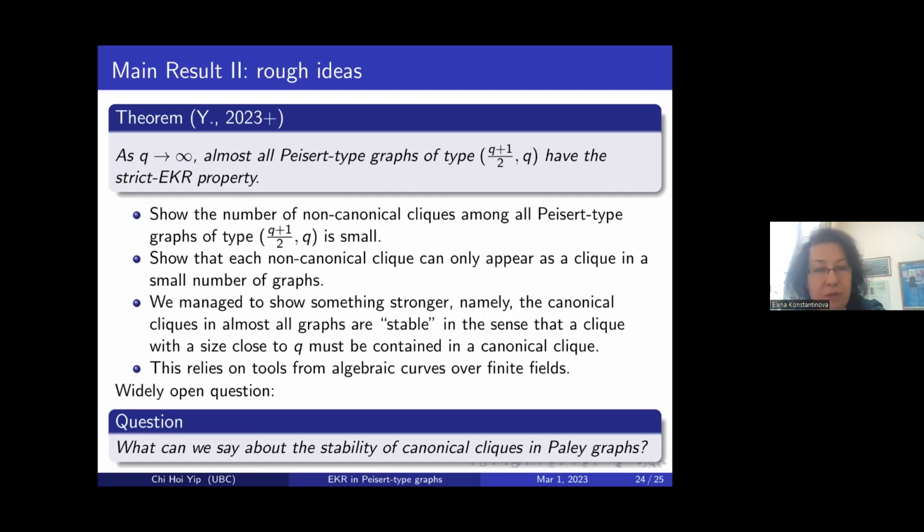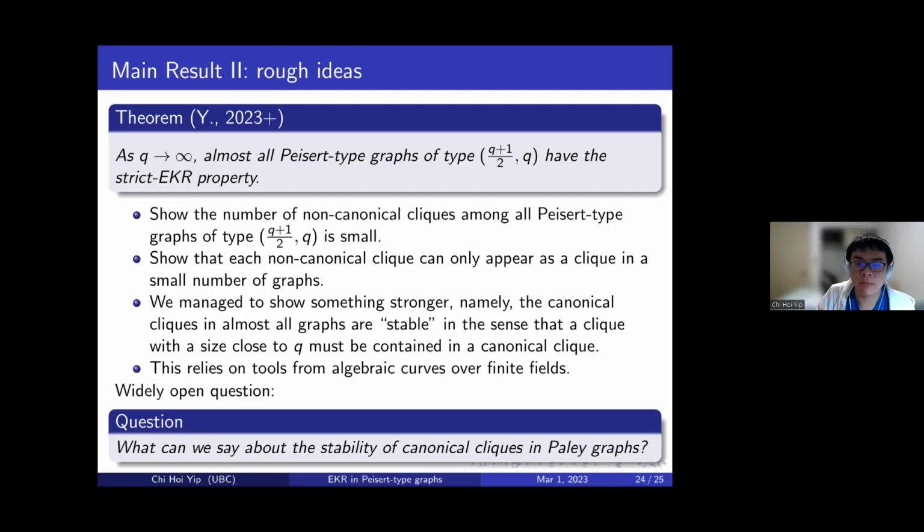I have just one question about the last slide. What is your feeling? What do you expect the answer to be? Baker and others conjecture that if we have a clique of size greater than Q over 2 in the Paley graph of order Q squared, it must be contained in a canonical clique.